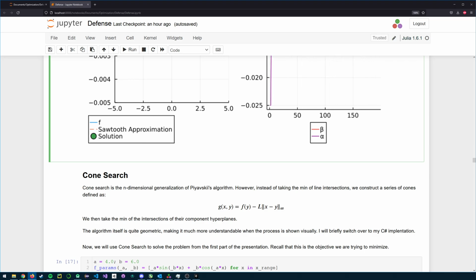So g of x, y here is our cone, and y being its peak. I guess y is the location of the cone, L is the Lipschitz constant, and then we're using the infinity norm to generate this. So you can imagine a point at f of y and then a cone shape emanating from that going down.